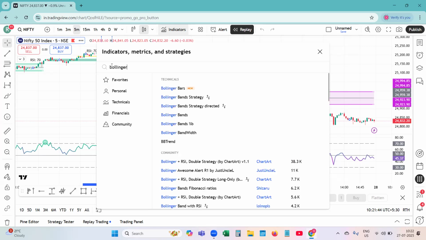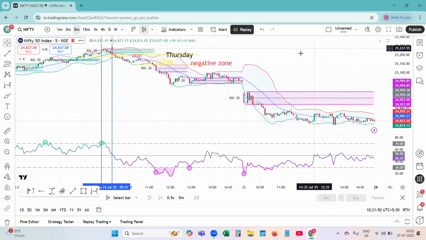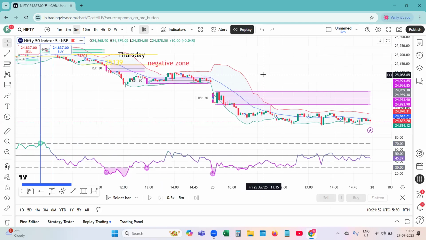Why Bollinger Band? Because, where is the Bollinger Band? Yeah, I am applying the Bollinger Band. This is the upper territory and lower territory. Suppose if you hide this indicator, you will tend to make a mistake, because that is the strategy actually: if a price crosses above the 20 period moving average, it is a buy.